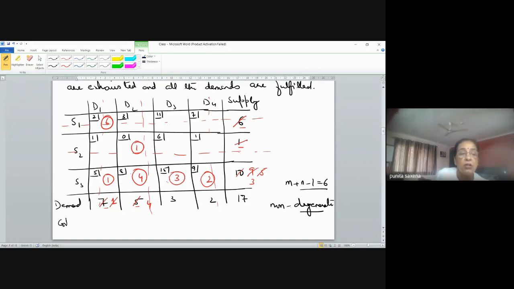But what would be the cost here? The cost would be 6 into 2 plus 0 into 1 plus 5 into 1 plus 8 into 4 plus 15 into 3 plus 9 into 2. Now, quickly, how much is it?